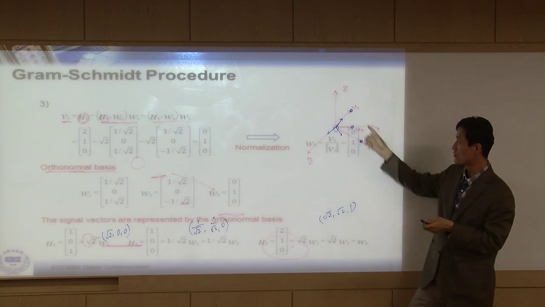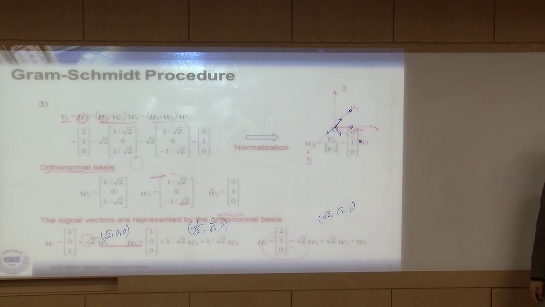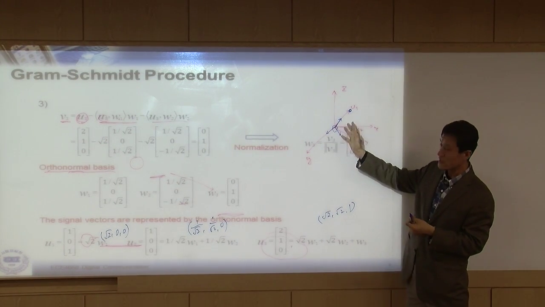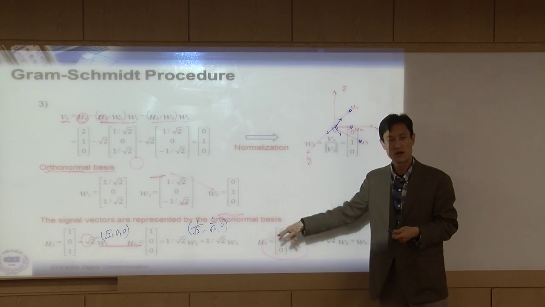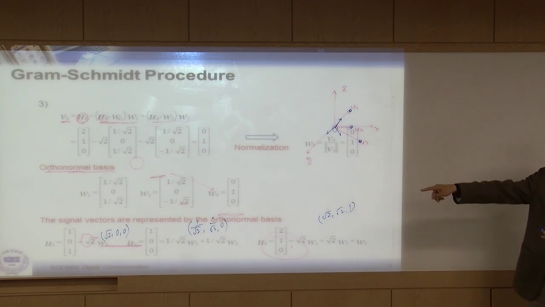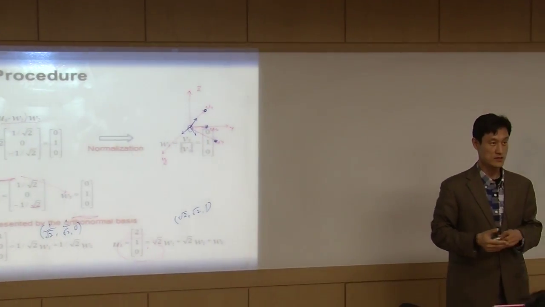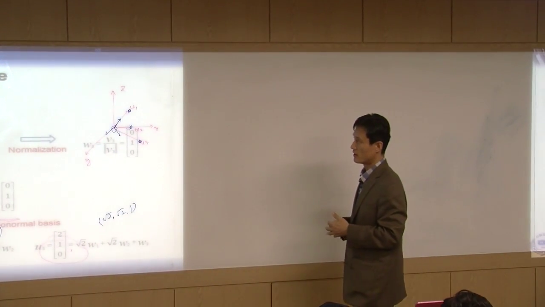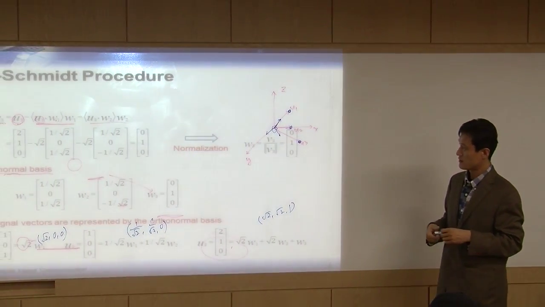Therefore, we have a new position. Does it make sense? With this new xyz, now the U1, U2, U3 are orthogonal. They are in a new position, and those three are now orthogonal. So this is the procedure of orthogonalization.